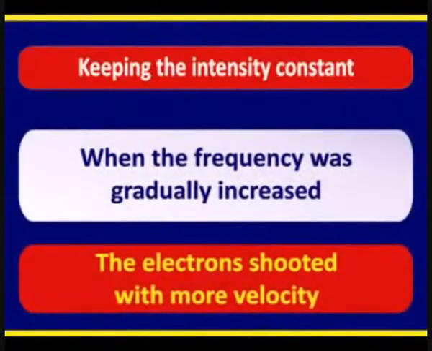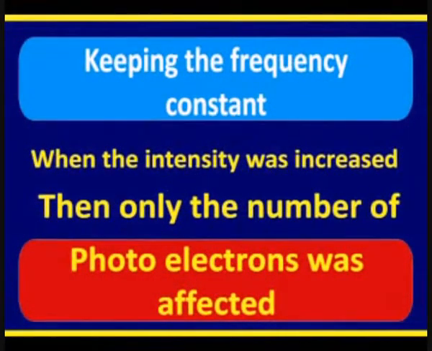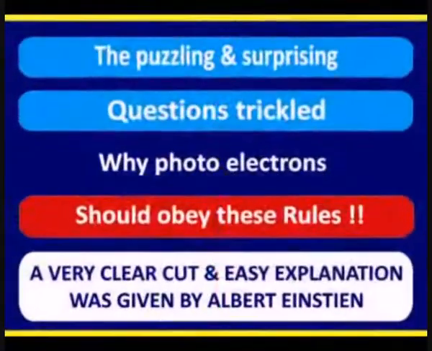Next, keeping the intensity constant, that is the amount of light falling on the system constant, when the frequency was gradually increased, the electrons shot out with more velocity. Next, keeping the frequency constant, when the intensity was increased, only the number of photoelectrons was affected. So a very easy and clear-cut solution was given by Albert Einstein with respect to the photoelectric effect.